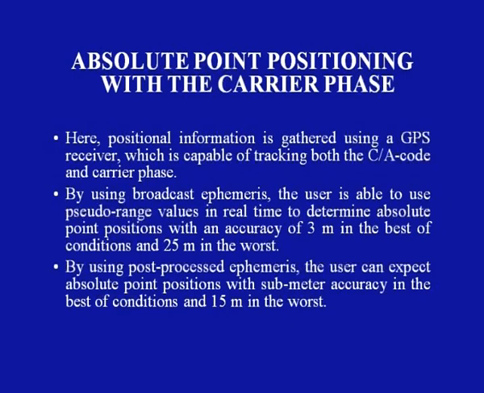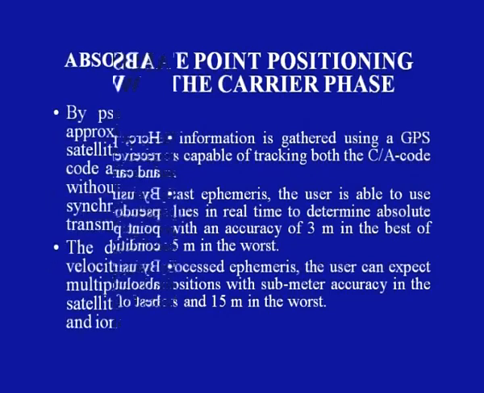By using post processing techniques wherein the precise ephemeris data may be used, the user can expect absolute point positions with sub-meter accuracy in the best of the conditions and about 15 meters in the worst condition.